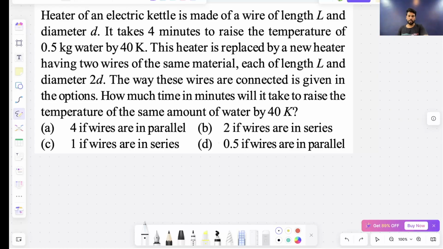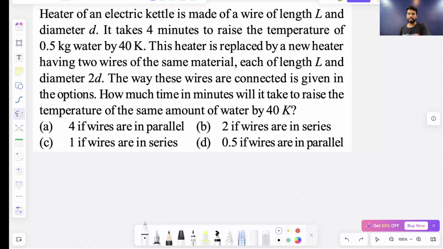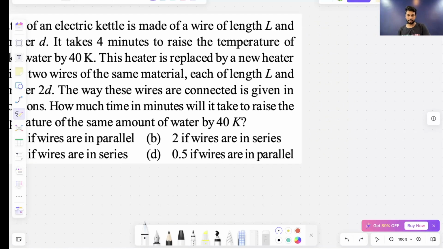Okay, let us consider that initially, when this kettle had only a single wire, the resistance of that wire did the heating. The heat developed, by Joule's law of heating, is H equals V square by R into time taken.